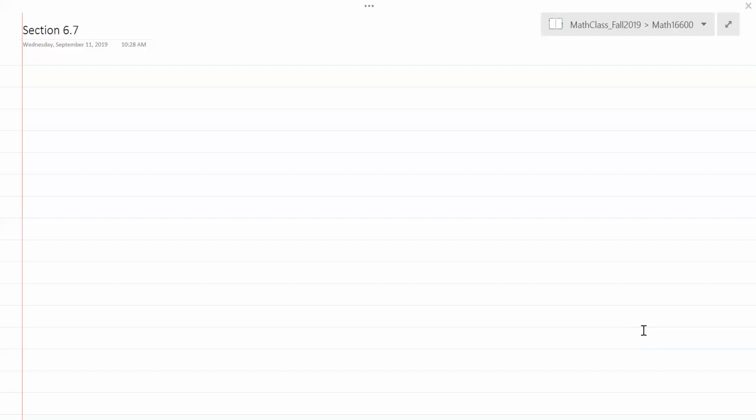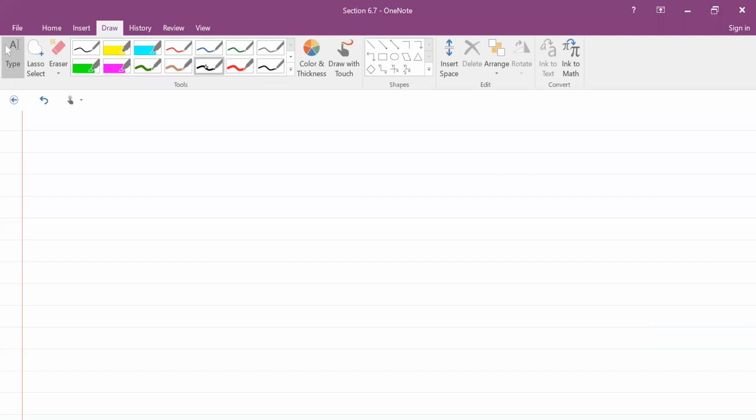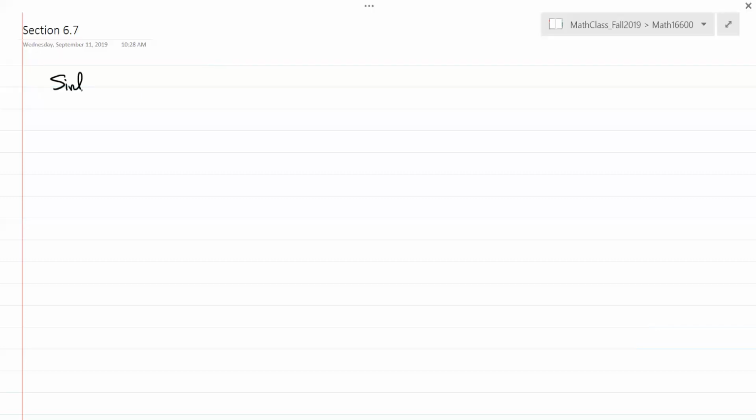Let me give all the definitions. Those are not brand new functions. They're just defined by those formulas. Hyperbolic sine x is just e to the x minus e to the negative x, divided by 2. So it's nothing new here.